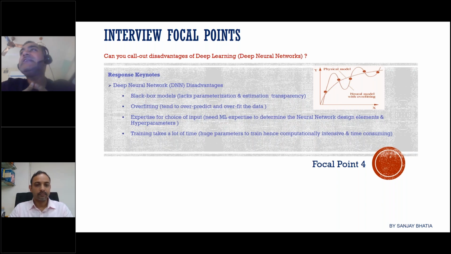So that problem is called the overfitting problem, where it over-predicts on the data on which it is trained, the estimation or development data, and hence you need to test that neural network before using it for any real life purposes.